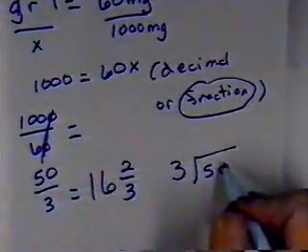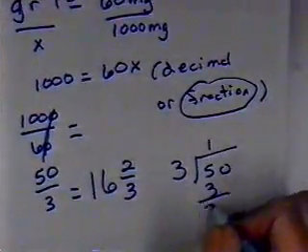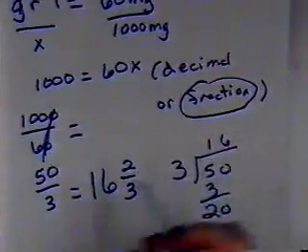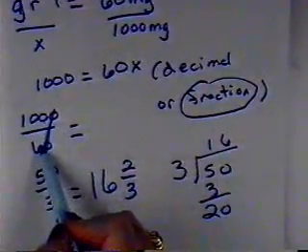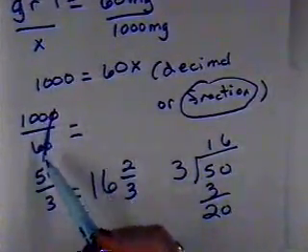Divided 3 into 50. It went one time. Because I reduced the 100 over 6. Oh, I divided 2 into both of those.